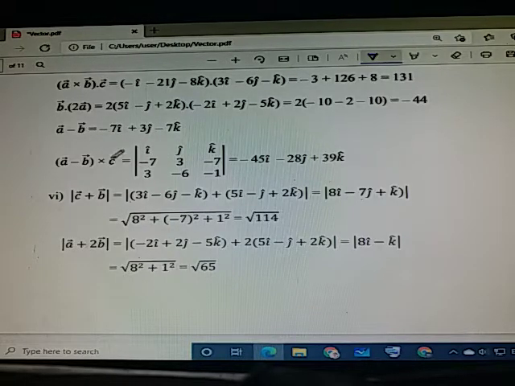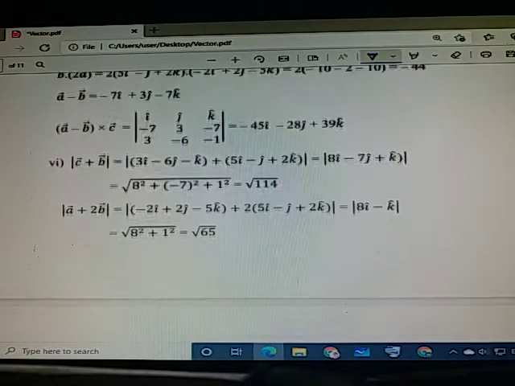Then c, the components of c are 3, minus 6, minus 1. And then like multiplication of a determinant, you find this value. Then modulus: you add c plus b and then you take the modulus of this.